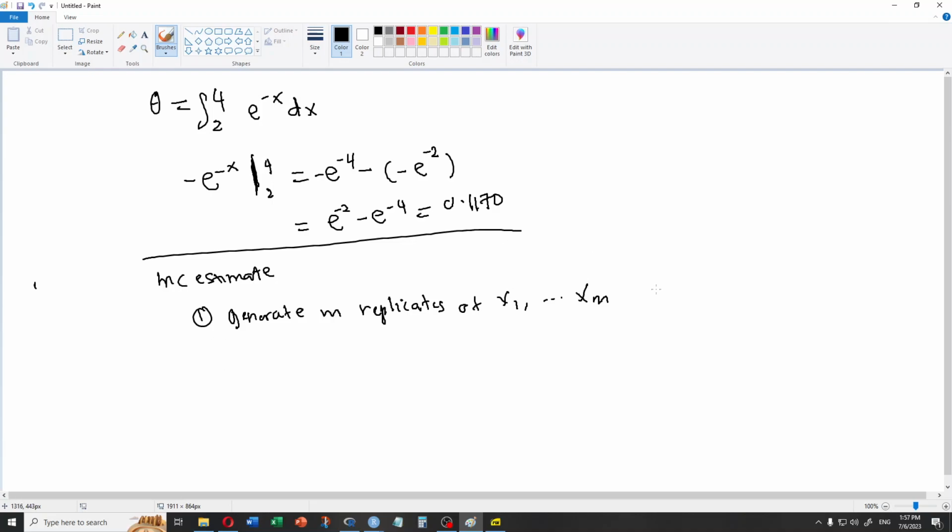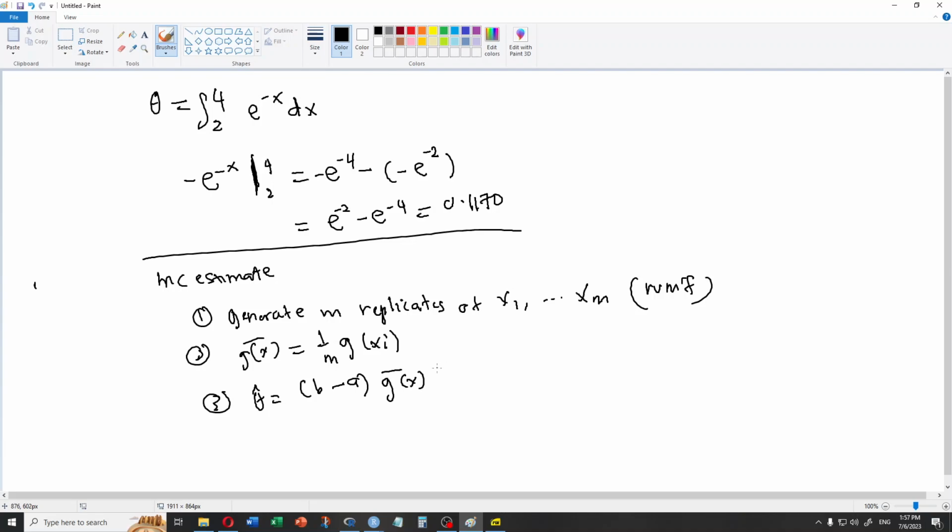Here we generate the random numbers using the runif function in R. And then second, we want to compute the average, which is given by 1 over m times the sum of g(xi). And then finally we want to have the estimated theta, which is given by b minus a multiplied with the mean of g(x). In this case you can see that we are evaluating between 2 and 4, so this is equal to 4 minus 2 times the g(x) that we get from the random numbers.